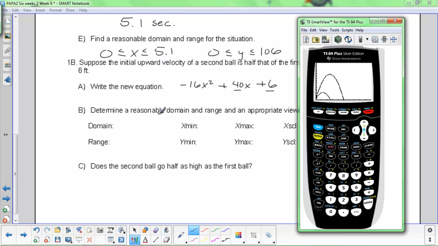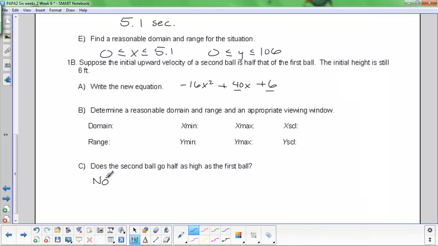So you could use this same viewing window if you wanted to compare the two to each other, which is, does the second ball go half as high as the first? And you can see that that is not the case. It is actually way less than half of the original height. So that's a good way to view this in a comparison model to answer part C. So we will say no, less than half.